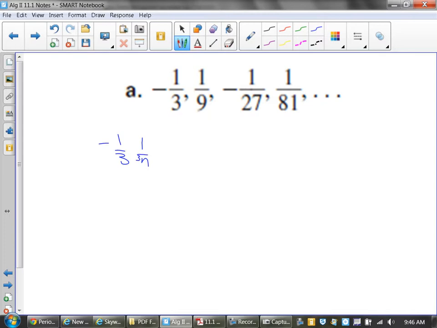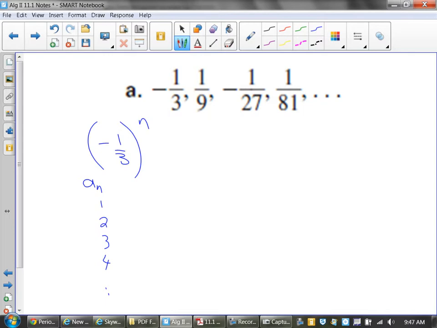Now, hold on a second here. When we're starting with this n value, n is going to change from 1, 2, 3, 4, and so on, okay? So if n is 1, you get negative 1/3 times 1/3, which would be negative 1/9. So the way that your pattern is saying won't work. Correct. In order for this pattern to work, it's the exponent.